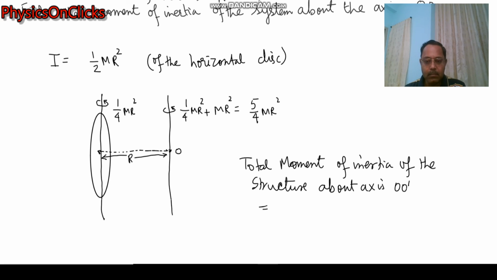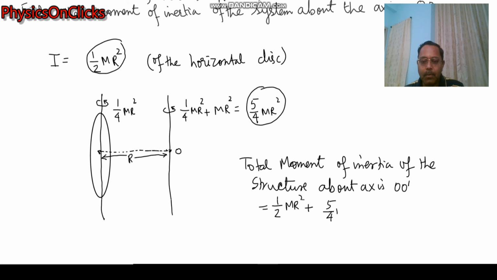That is, it will have half m r square of the original horizontal disk. So this is equal to half m r square plus those vertical plane disks, which is 5/4 m r square, and its other counterpart is also 5/4 m r square, so into 2.